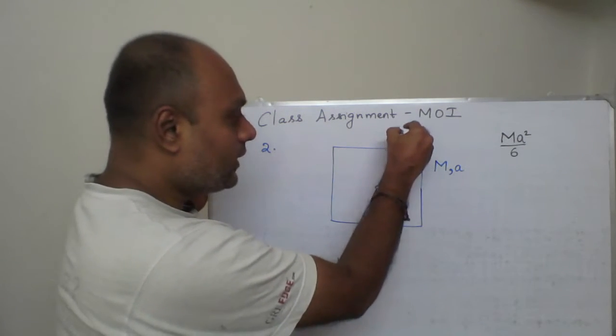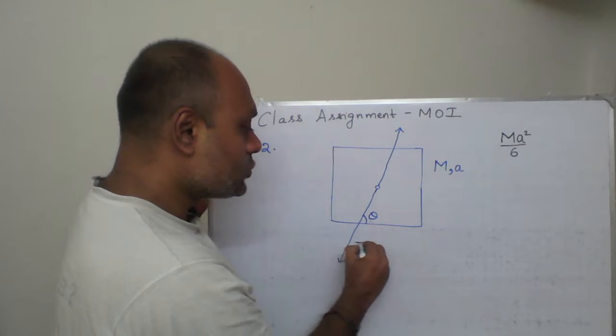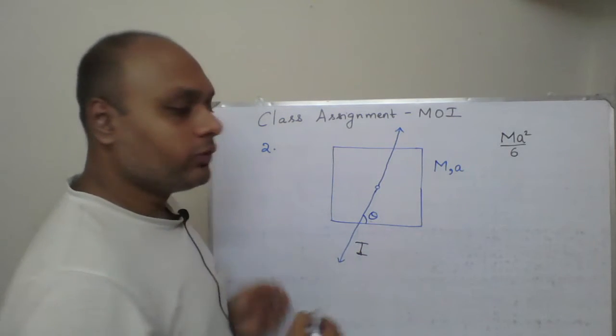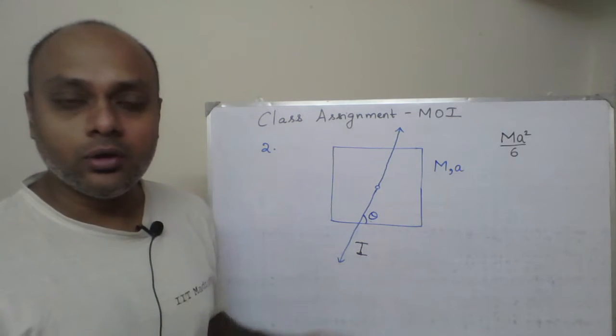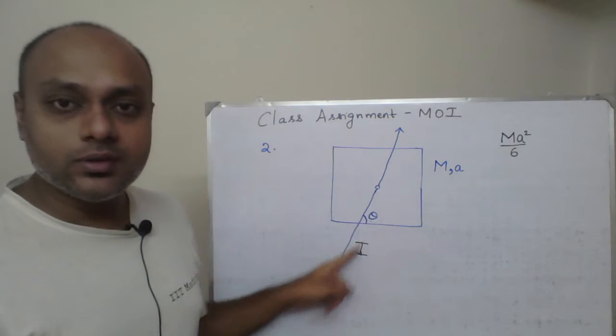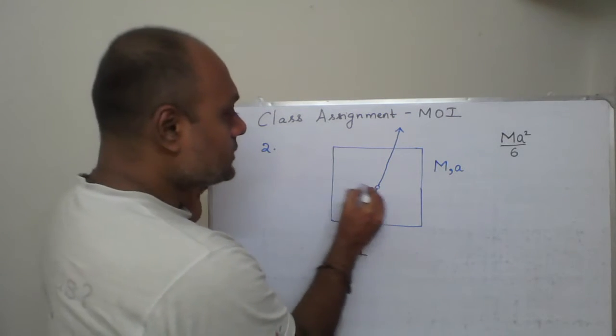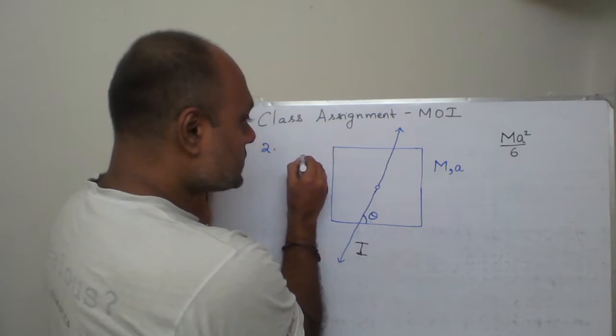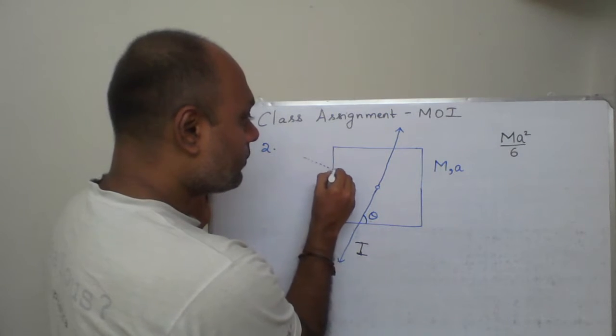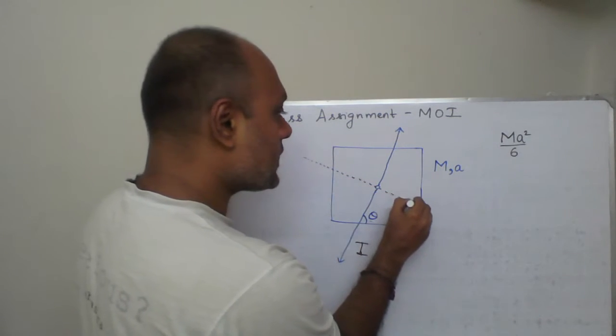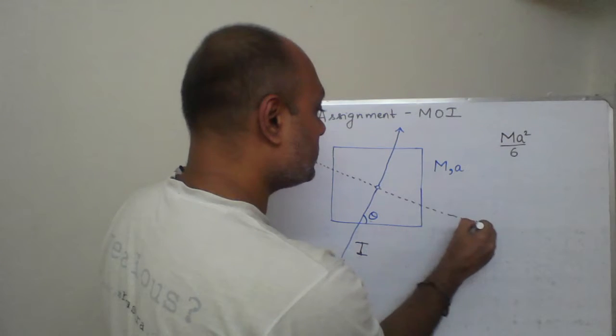Now I will take the moment of inertia about the required axis to be I, which is what we have to find out. If I take the moment of inertia about this axis to be I, I will construct one more axis lying in the plane itself and perpendicular to the first axis. I am just making a construction.